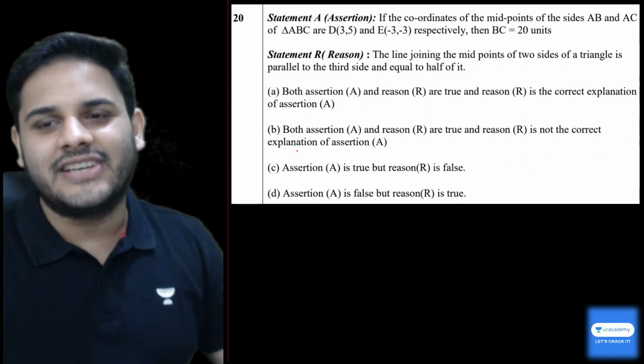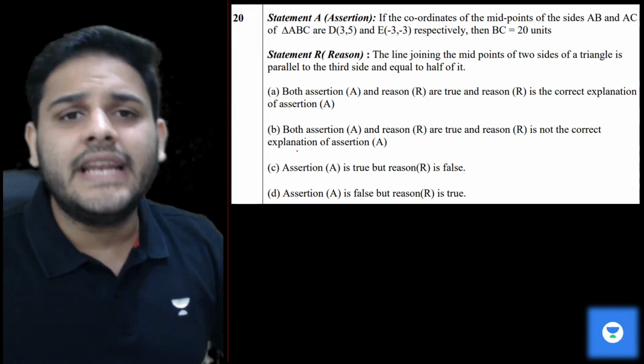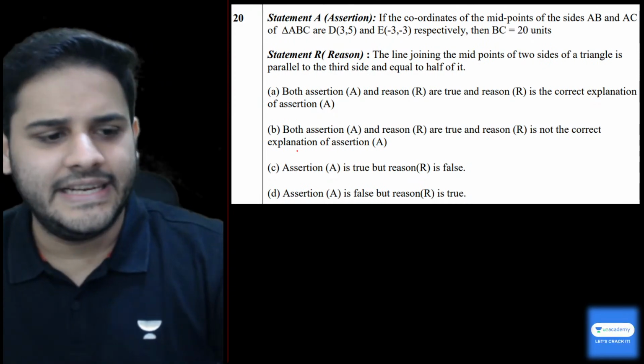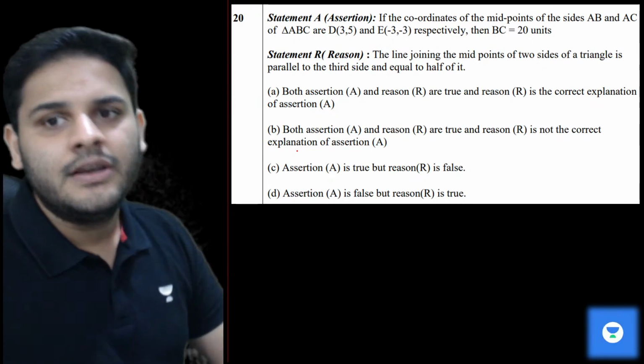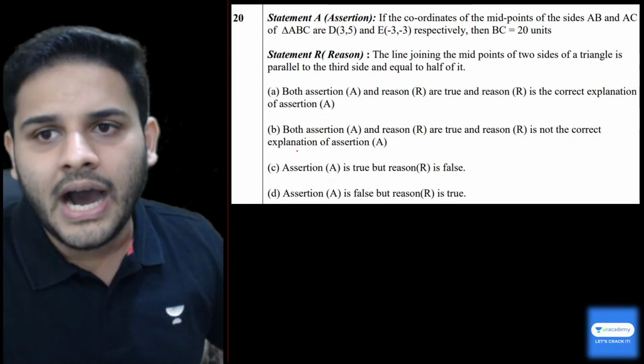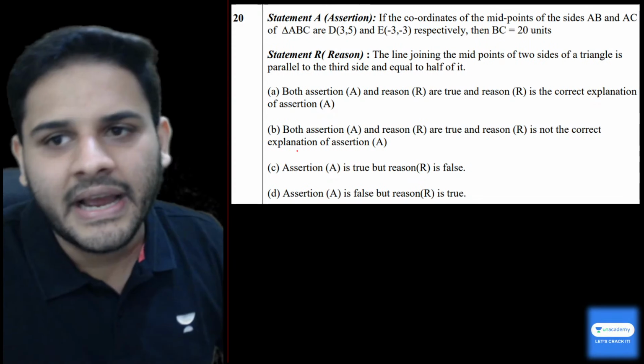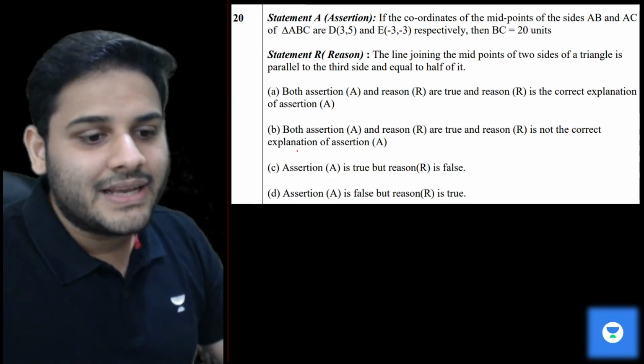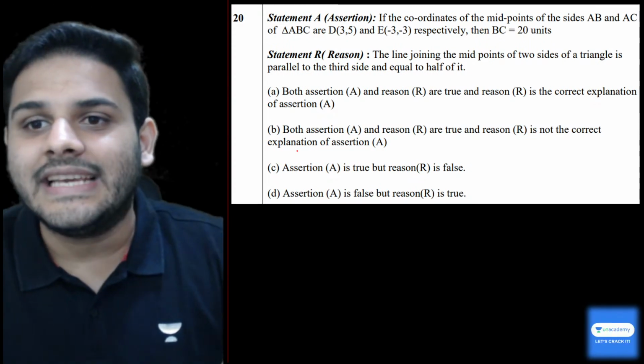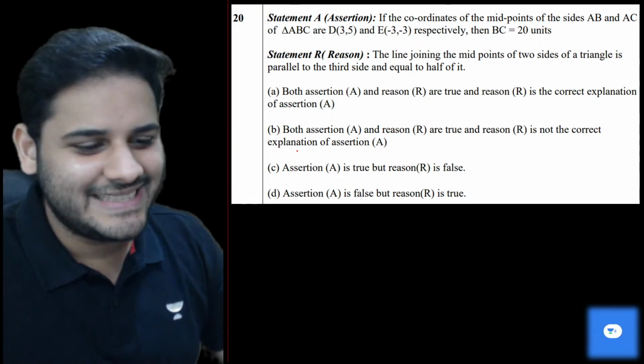The next one on your screens. If the coordinates of the midpoints of the sides AB and AC of triangle ABC are D(3, 5), E(-3, -3) respectively, then BC is equal to 2 units.